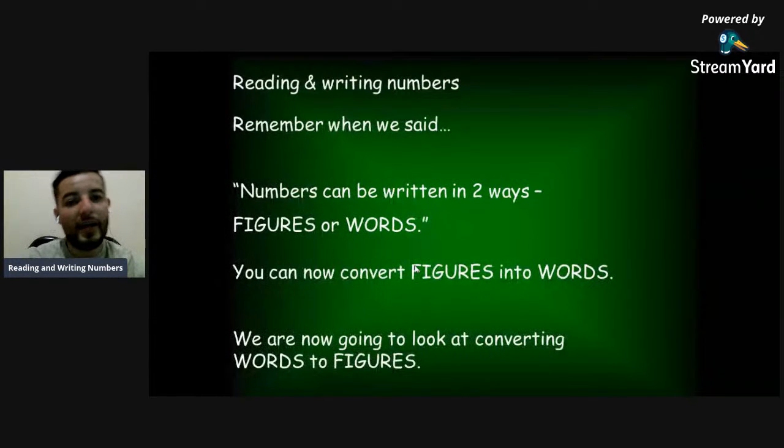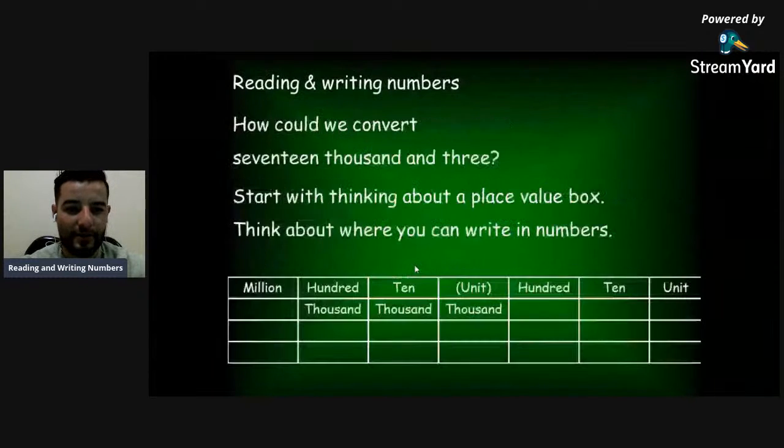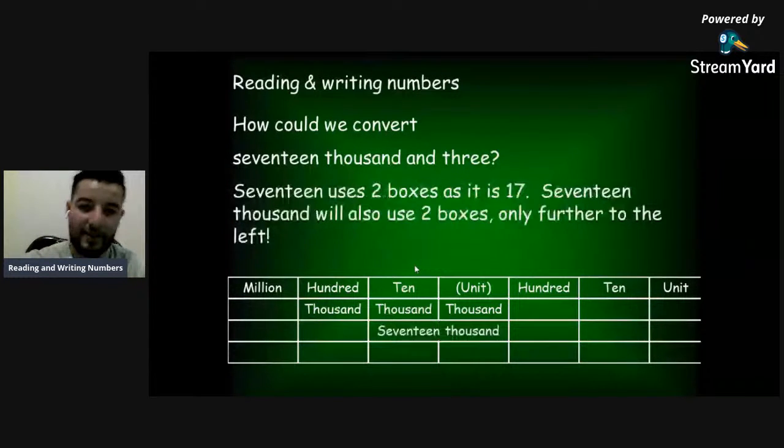And remember, when we say numbers can be written in two ways, figures or words, you can now convert figures into words. A common task question. And just don't forget, if we have thousand, thousand, thousand, we only convert 17,000.